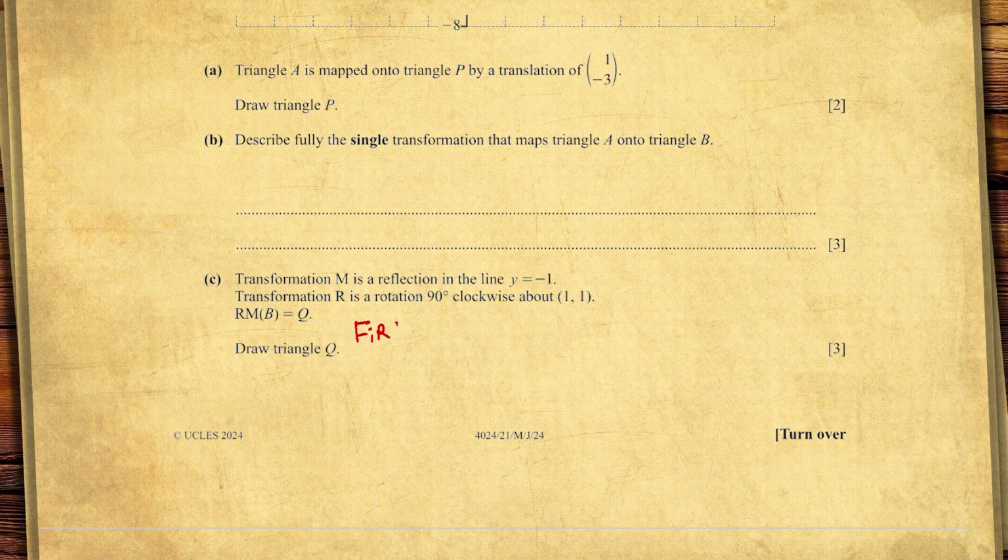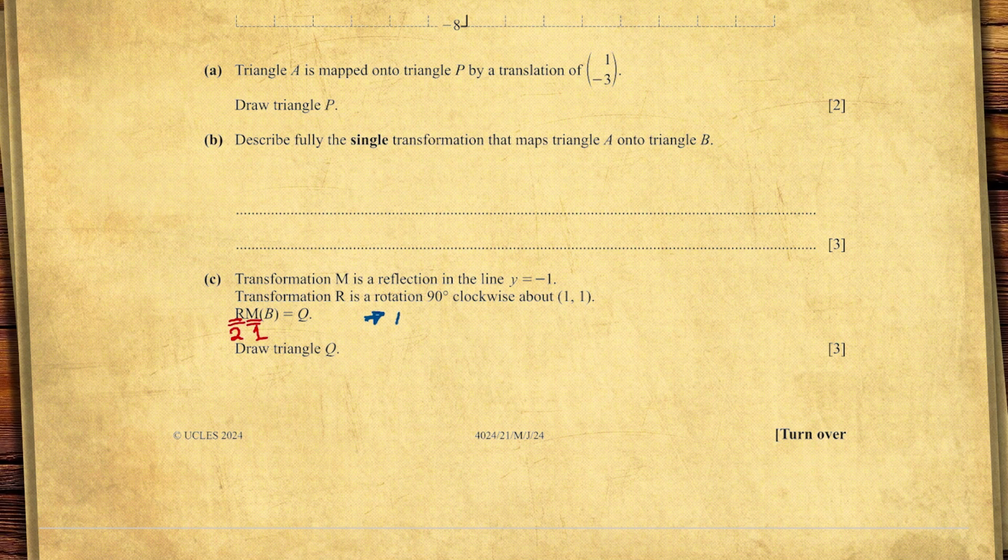But we need to know which transformation is being applied first and which transformation is being applied after that. Now immediately to the left of the bracket, M is written. That means the first transformation that is being applied is transformation M, and R is written away from the brackets. That means transformation R is being applied after transformation M. So first transformation M is applied and then transformation R is applied.